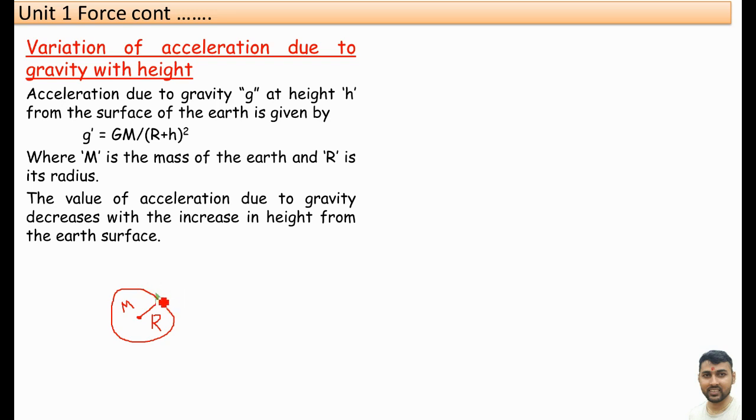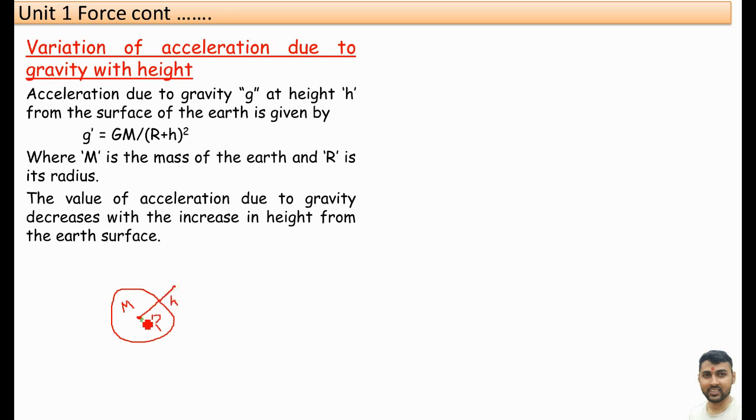If a substance is present above the surface of the earth, this is the surface of the earth, at a certain height, suppose the substance is present here, then the distance between the surface of the earth and the substance is considered as h.